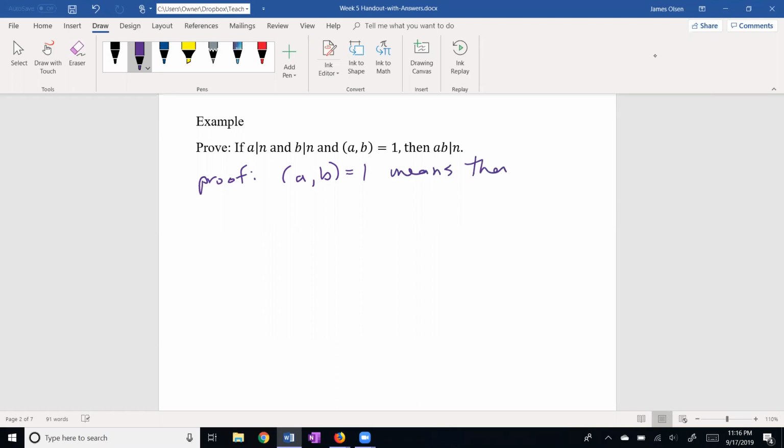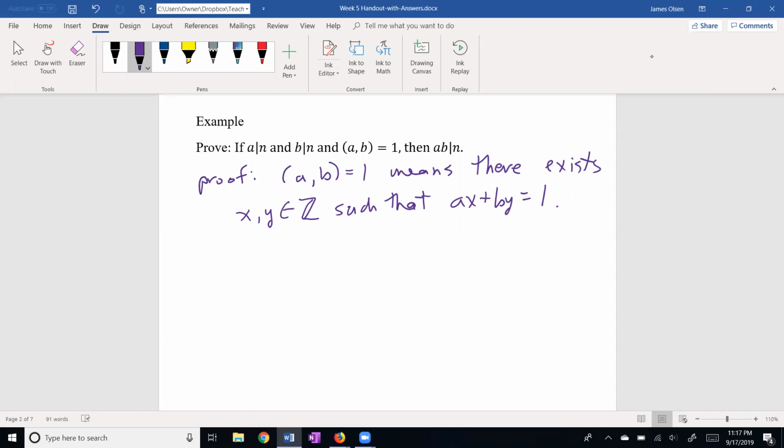There exist X and Y in the integers such that AX plus BY equals 1. And we'll come back to that in a minute.